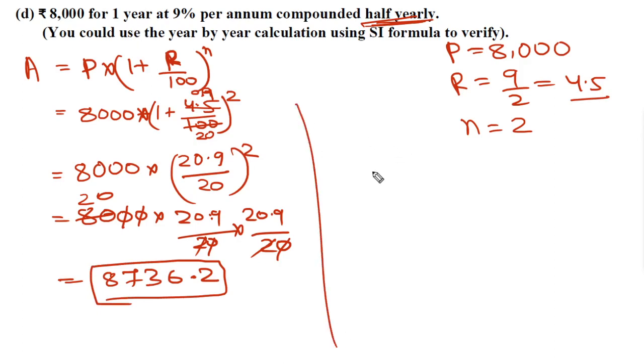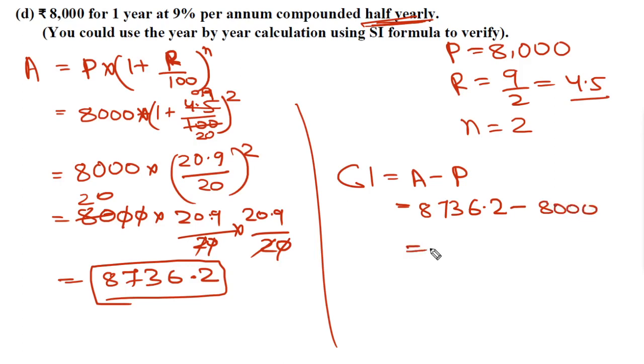So now CI equal to A amount minus principal. So it will be equal to 8736.2 minus P, which is your 8000.